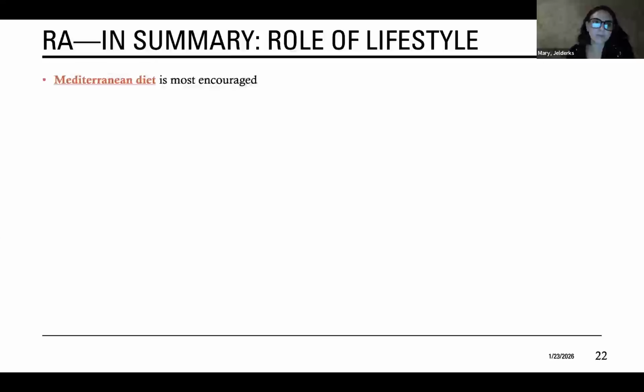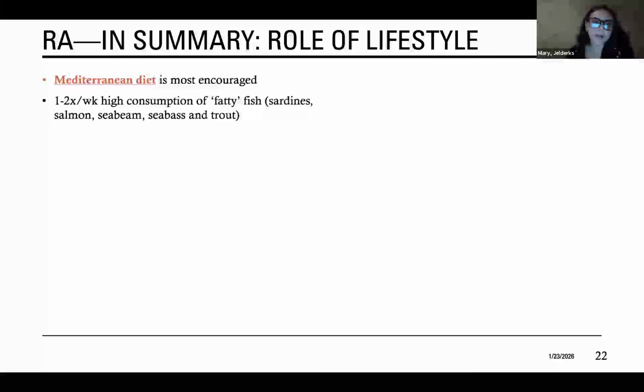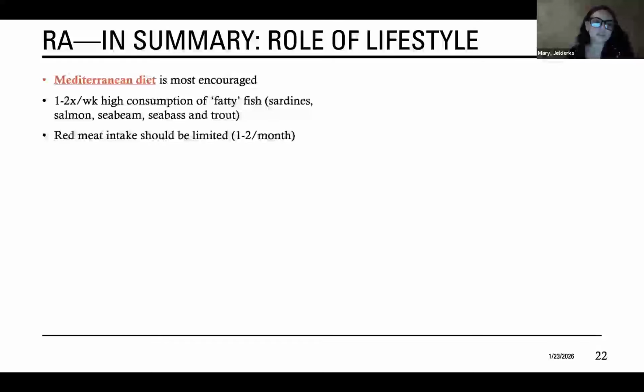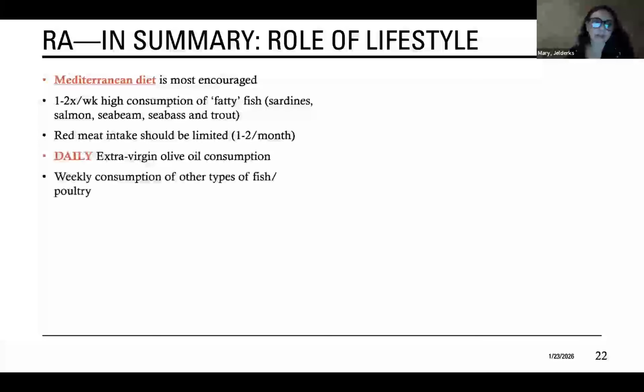So in summary, the Mediterranean diet is the most encouraged diet. Highly recommend 1 to 2 times a week to have a high consumption of fatty fishes like salmon, sardines, sea bass. Red meat should be limited to 1 to 2 times a month. Daily extra virgin olive oil is very, very important. Weekly consumption of other types of fish and poultry.